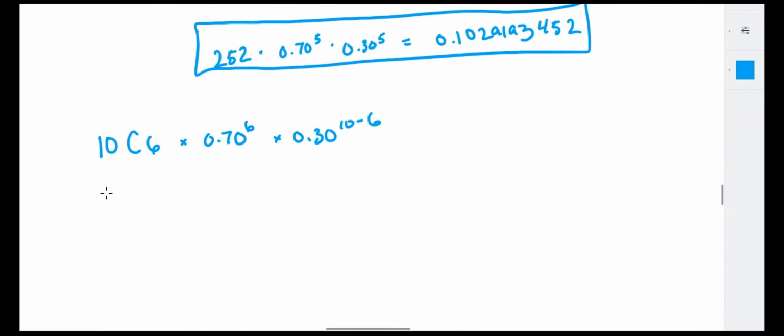I'm going to do this, and I'm actually going to, while I'm here, set up the rest of them. So I have to go all the way up to 10 to account for the at least part.